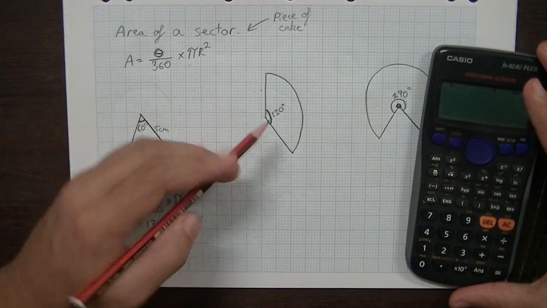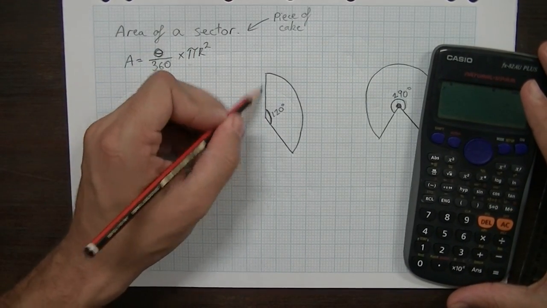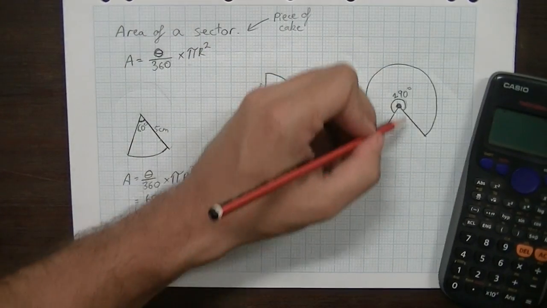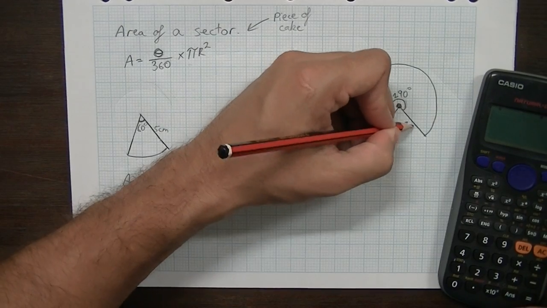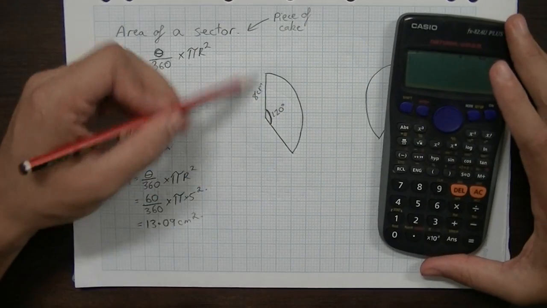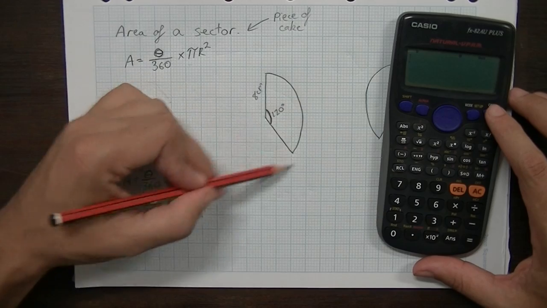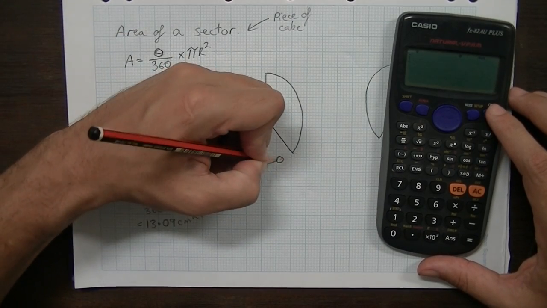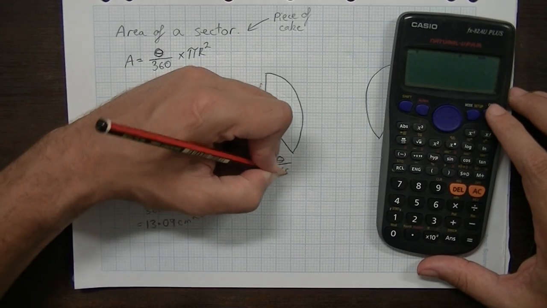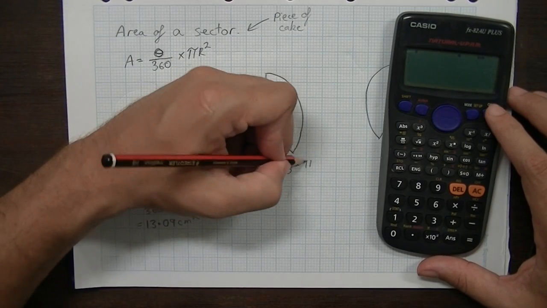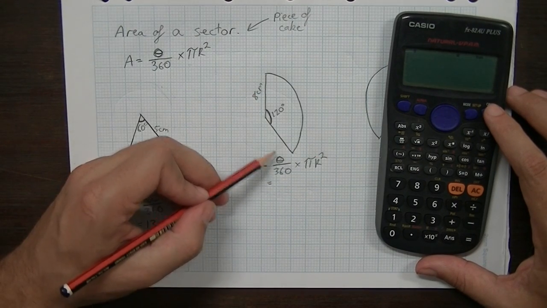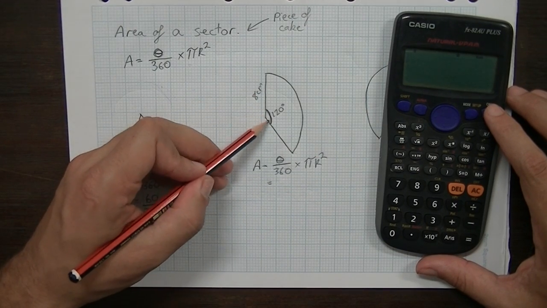And the same can be done for these other two. I just need to put a radius in here, otherwise we can't do the question. I'll call that 8 centimetres. I'll put a radius in here while we're doing that. Call that 7 centimetres. So if we want to know the area of this sector, we use our formula again. Area equals theta over 360 times pi r squared. So our theta in this case is our angle here, 120.